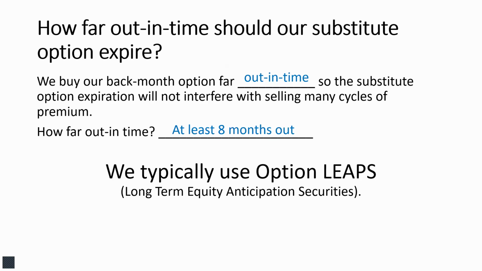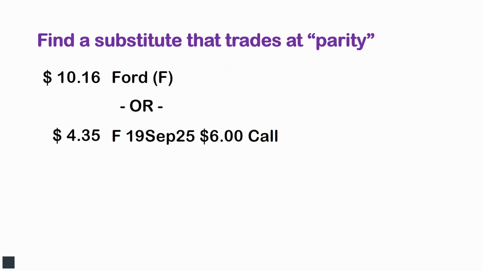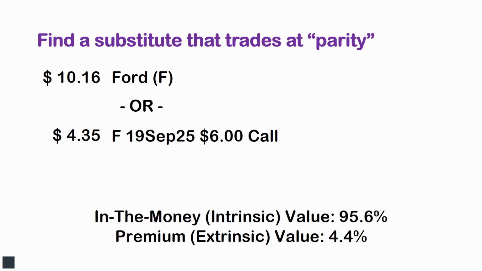So let's run through that same Ford example, but instead of buying Ford stock this evening, let's buy the Ford September $6 call. It's less than half the price, $4.35. And this option has about 95.6% in the money value and 4.4% extrinsic value. So if Ford goes from $10.16 up to $11.16, the call option is going to go from 435 up to 535.